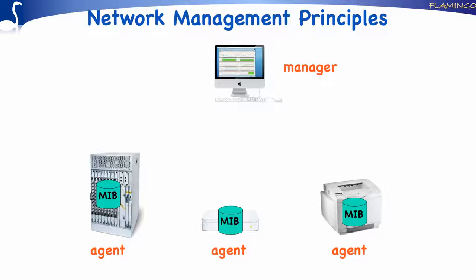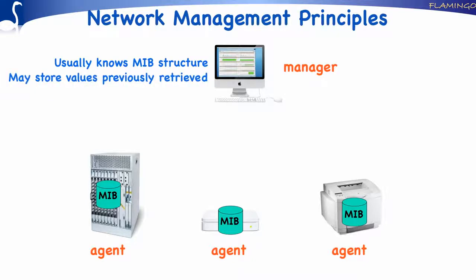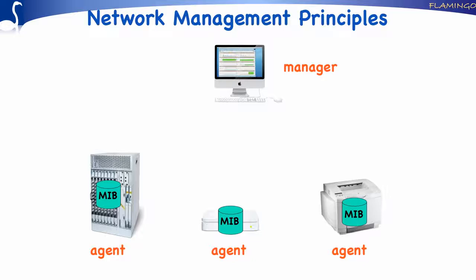Other modules are only implemented in certain kinds of devices, since they hold information specific for that particular kind of device, such as a forwarding table in a router or the toner level for a printer. The manager usually knows the MIB structure of the various agents, thus which management information is maintained by each agent. In addition, managers usually store previously retrieved management information to detect, for example, anomalies or to plot a router's outgoing traffic as function of time.